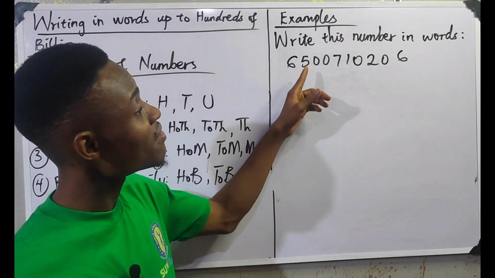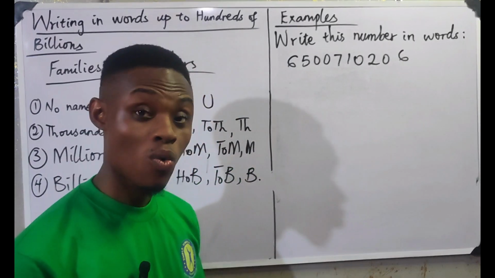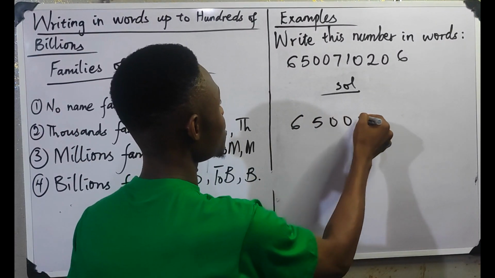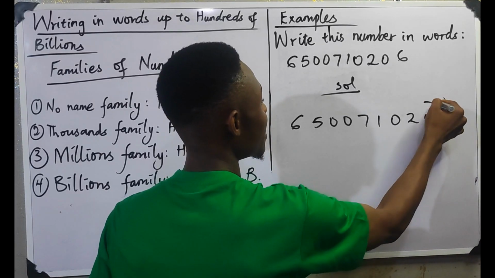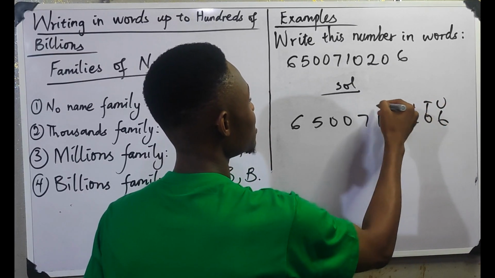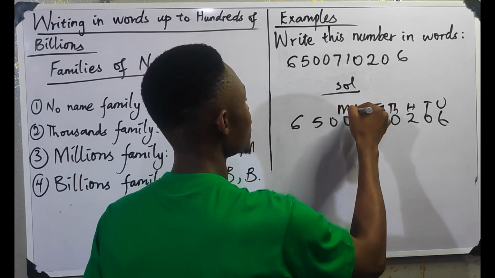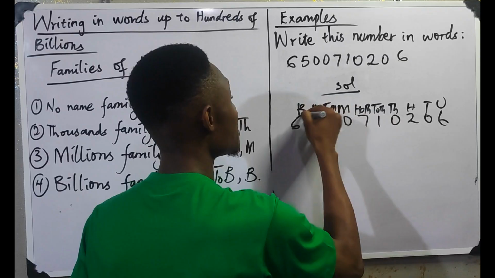Now we have 6500710206. Wow, that's quite long. Unit, tens, hundred, thousand, tens of thousand, hundreds of thousand, millions, tens of millions, hundreds of millions, billions.